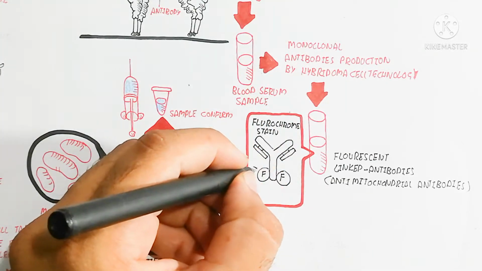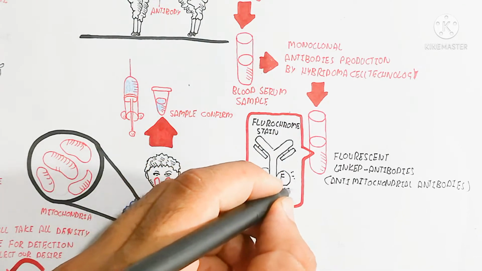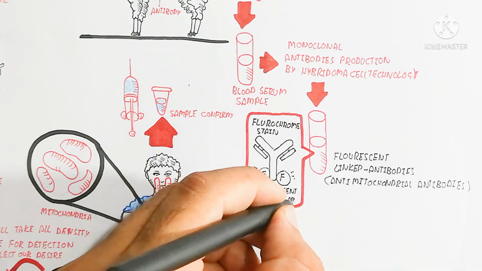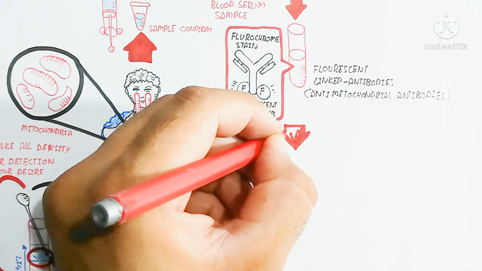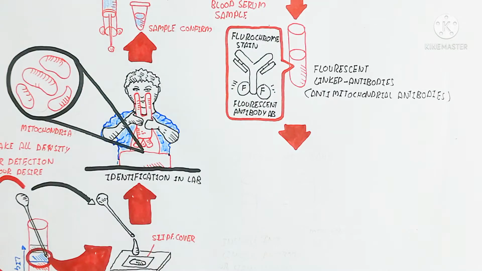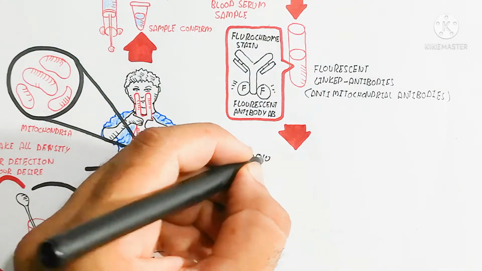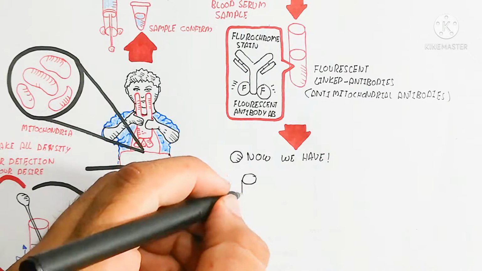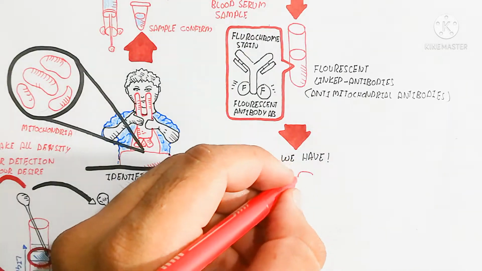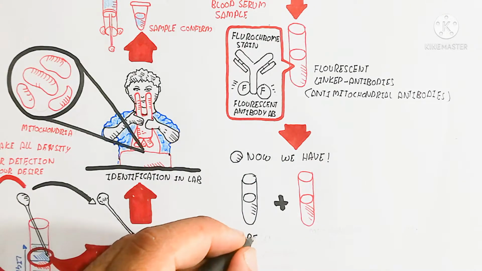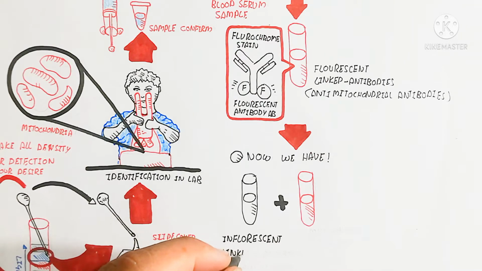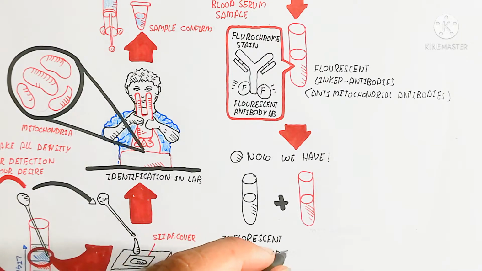We put a color-producing fluorochrome on them, and after staining they are called fluorescent antibodies. The staining mechanism is long, but here we will just understand the basic idea. Now we have the fluorescent-linked, or stain-linked, antibody, as well as the mitochondria as an antigen. Remember that.